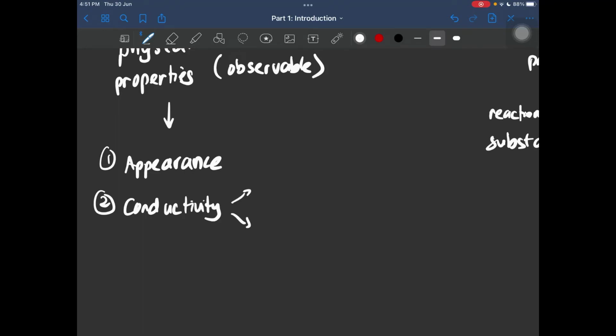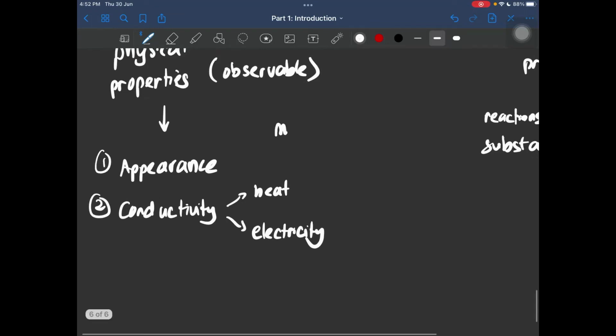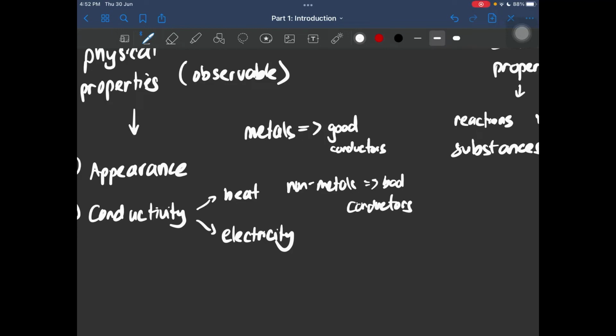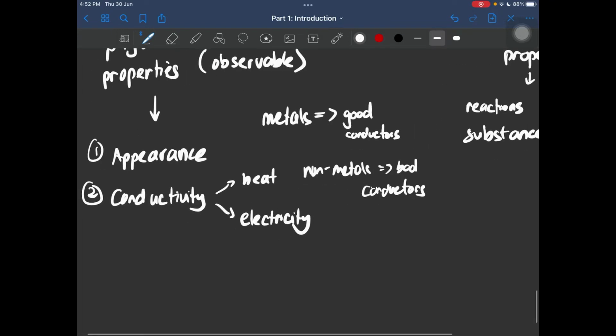Conductivity is divided into two: the conductivity of heat and of electricity. In general, metals are good conductors of heat and electricity, while non-metals are bad conductors of heat and electricity.